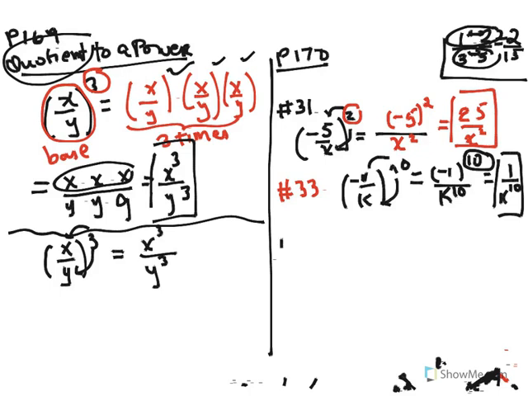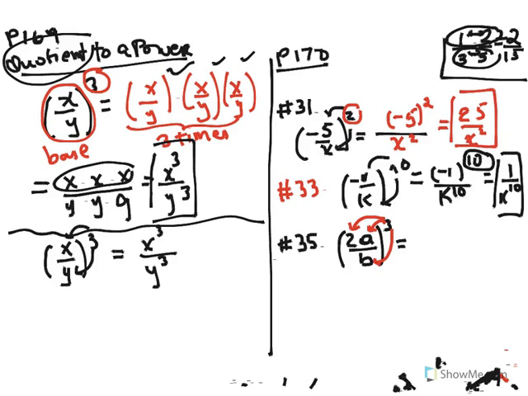Okay, let me do problem number 35. And now in number 35, I have 2a divided by b, all of that to the third power. Now remember, you're going to do the distributive. You're going to distribute this exponent, right? You're going to distribute to everybody, to every single factor in the expression.